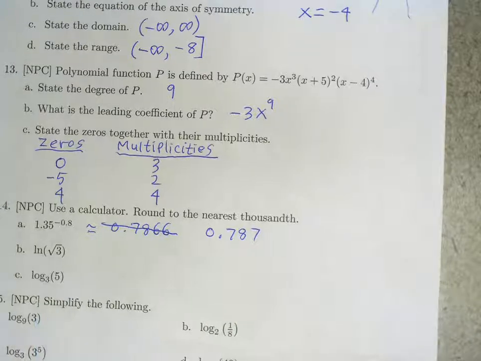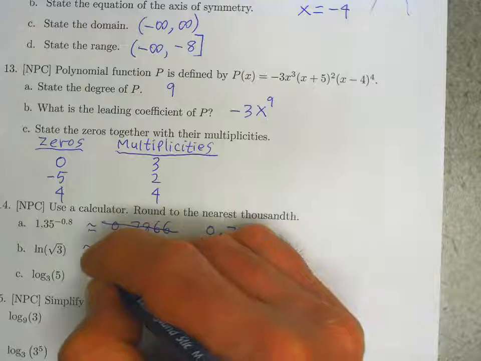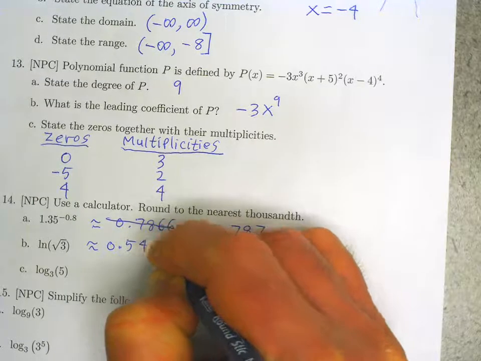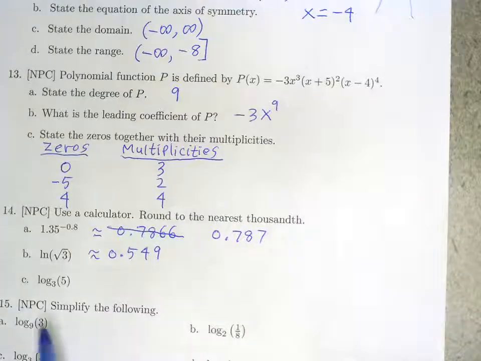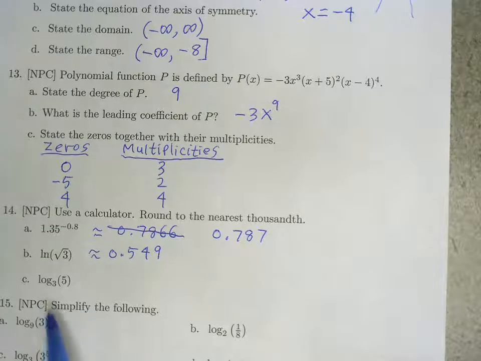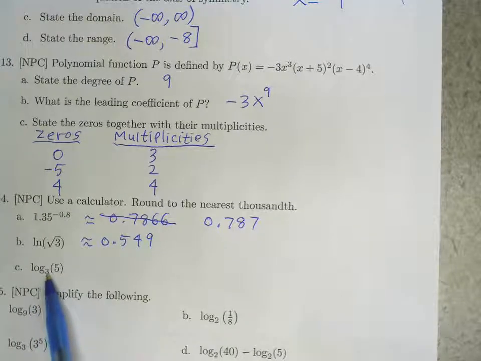The natural log of the square root of 3. Round that to 3 decimal places, or to the nearest thousandth. And I get 0.549. And log base 3 of 5. Well, my calculator doesn't have a base 3 logarithm, but we have the change of base formula.